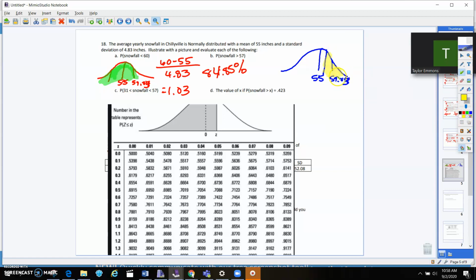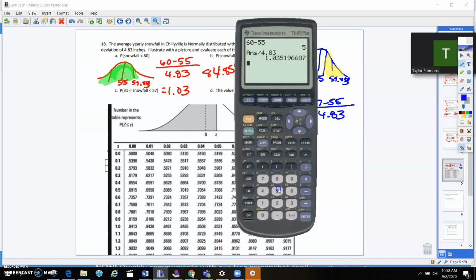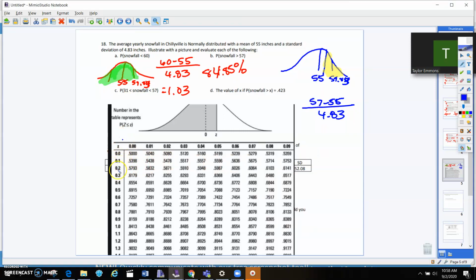All right, so on this one, we're going to do the same thing where we take the number 57, subtract 55 from it, and then divide by the standard deviation, which is 4.83. Go into our calculator: 57 minus 55 divided by 4.83. That gives us 0.41. So we go into our z-score table, down to 0.4 and over to 0.01.